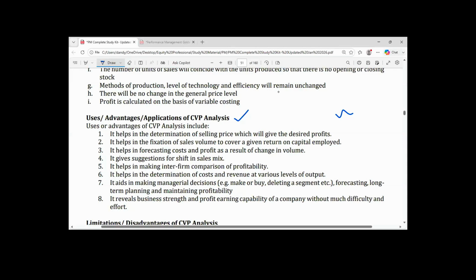But your break-even analysis will help you determine how many units you need to produce in a particular year to be able to break even. When you break even, remember, you are not going to make loss, you will not make profits. So you want to break even. Therefore, how many units are you going to produce to be able to break even?